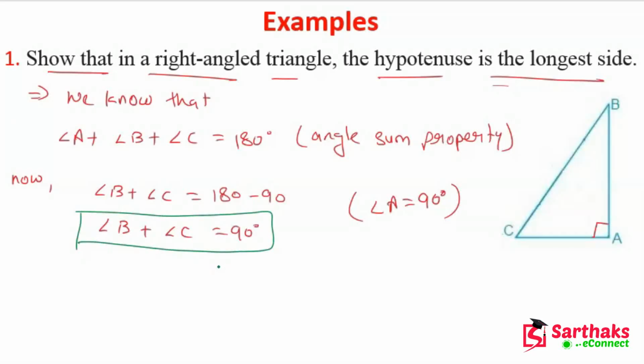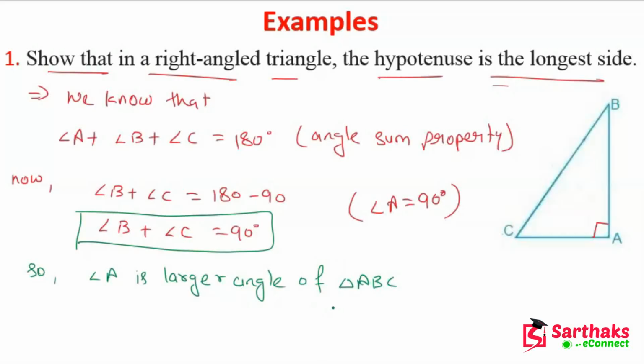So it means angle A is the larger angle of triangle ABC.